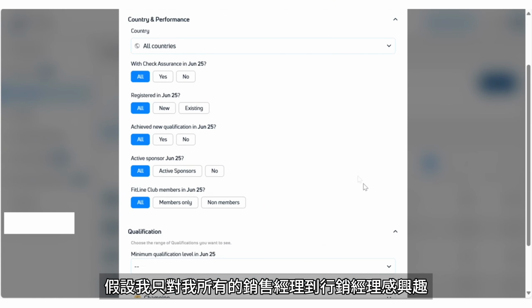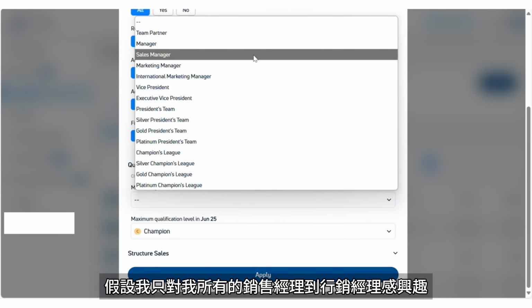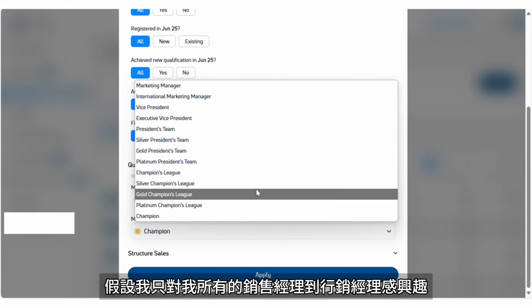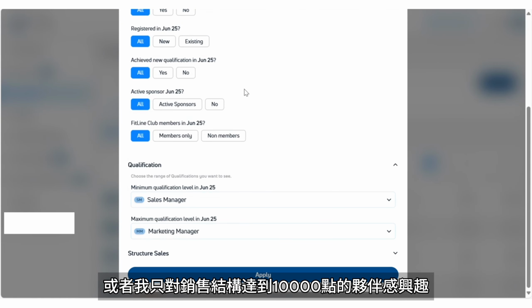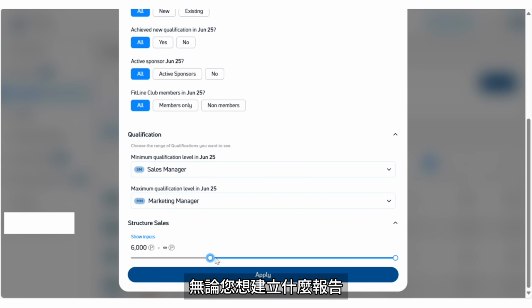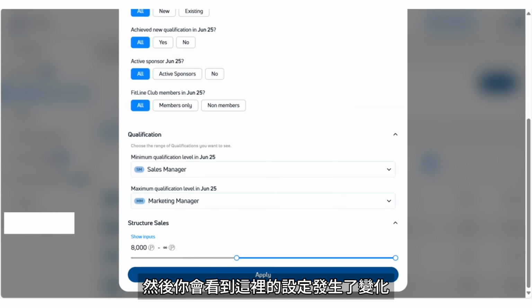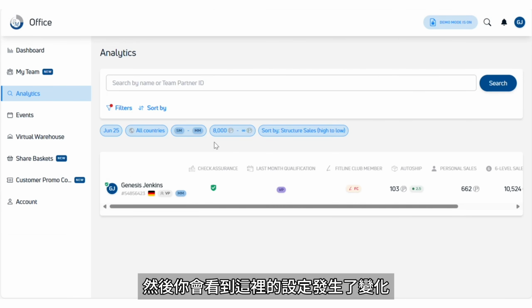say I'm only interested in all my sales managers up to marketing managers, for example. Or I can say I'm only interested in team partners with structure sales of minimum 10,000 points, for example. So whatever report you want to create, you can select it here. At the end of the day, you click on apply, then you see the settings changed here.